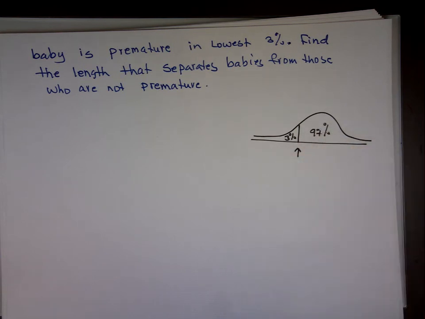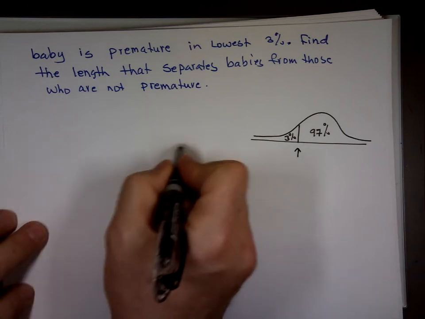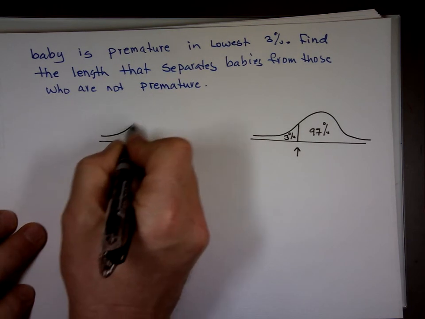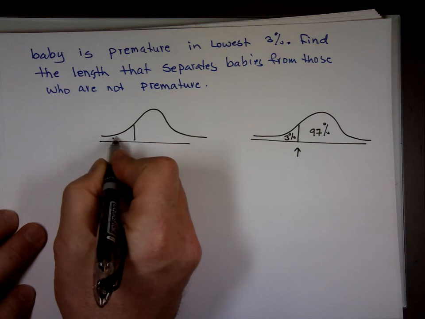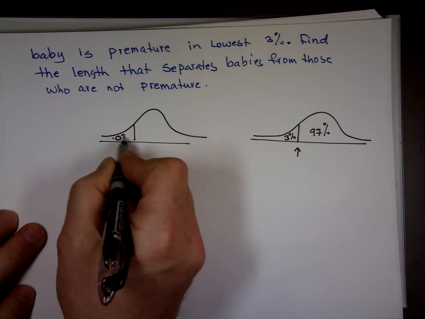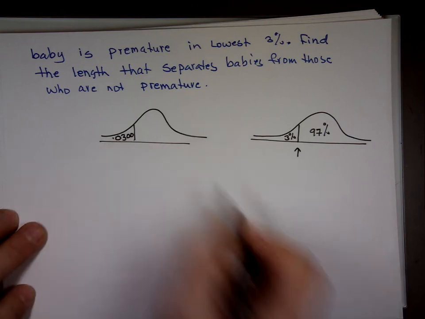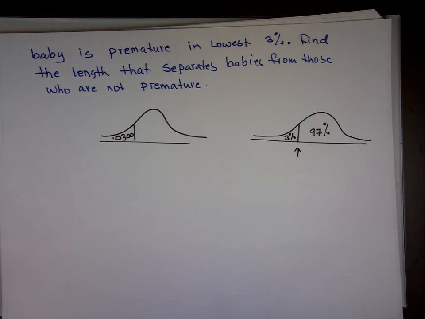So there's a positive side in case you decide to have a baby. Don't worry about premature babies, only 3%. I need to work the problem backward. In this case, I know the size of this area. 3%. What does that mean? 0.0300. That's the size of it.